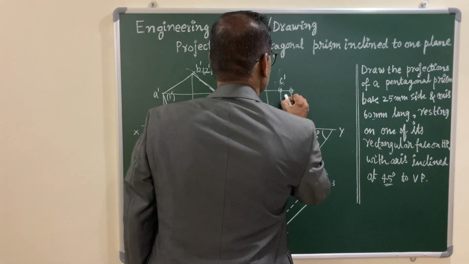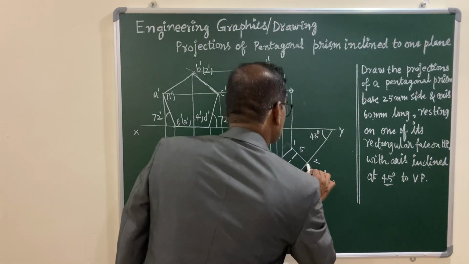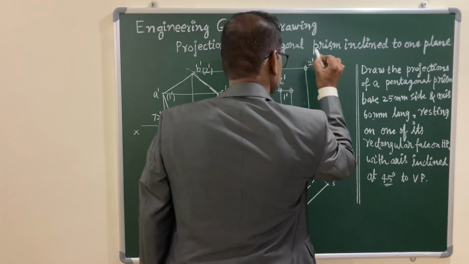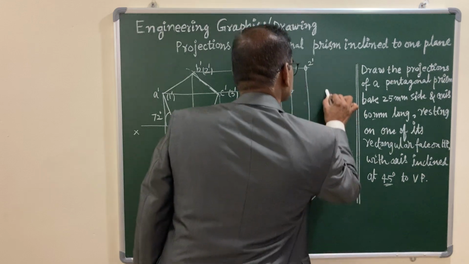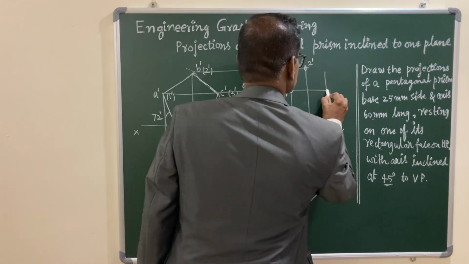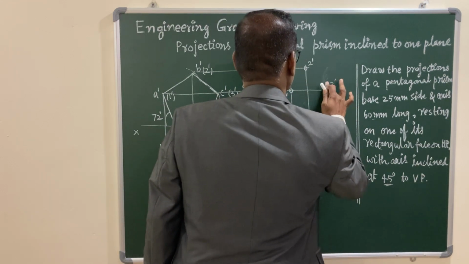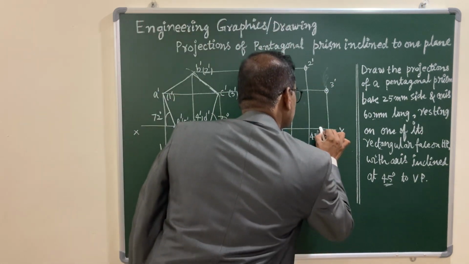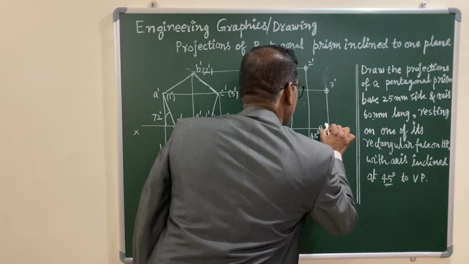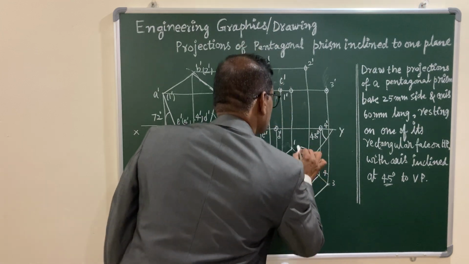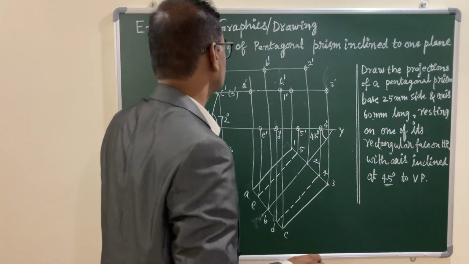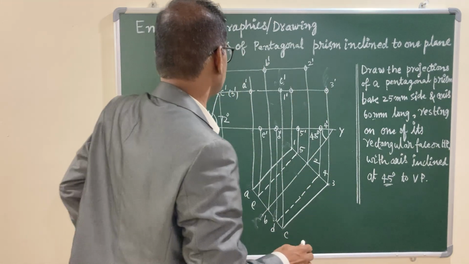So this is 1 prime, 2 prime, 3 prime, horizontal and vertical, and 4 prime, and finally 5 prime. After this, what you have to do is join in proper sequence.